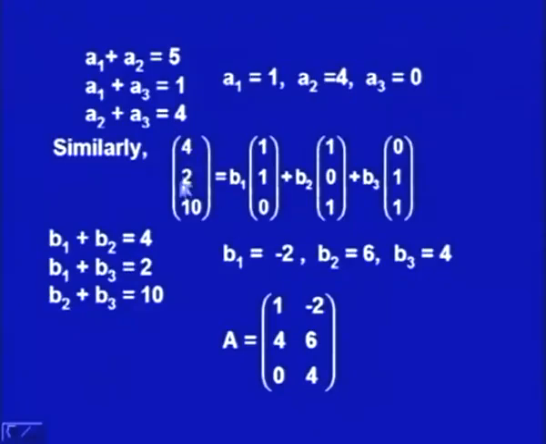So, corresponding to (4, 2, 10) we have this column, and corresponding to the earlier vector we have the column (1, 4, 0). This is the matrix associated with the given linear transformation. That is how we obtain the matrix for the given linear transformation.